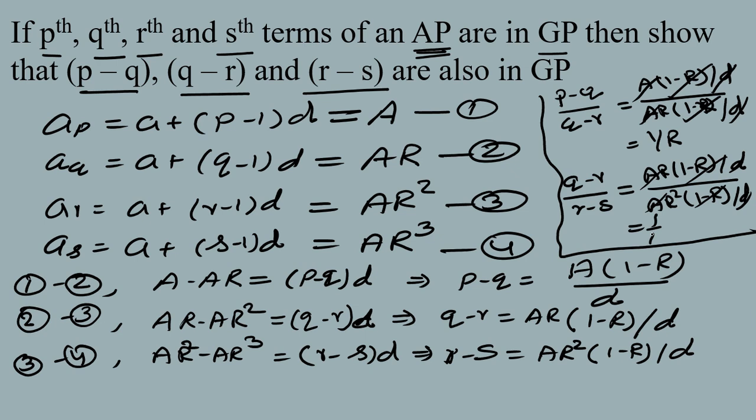So again we are getting 1 over R. So both the ratios are the same. Therefore you can write the result: P minus Q, Q minus R and R minus S are in GP.